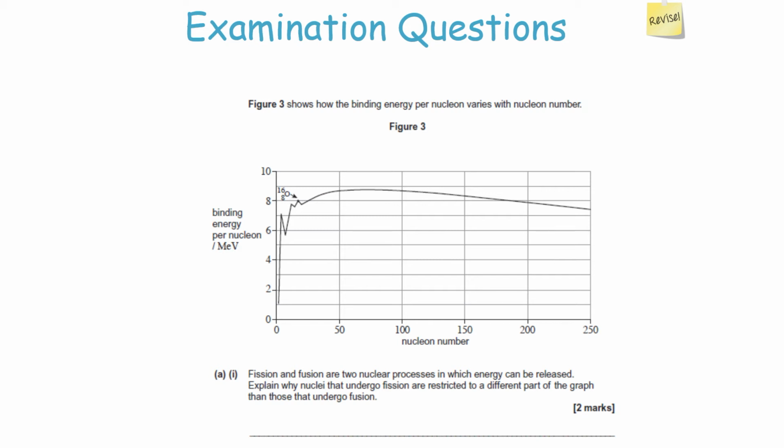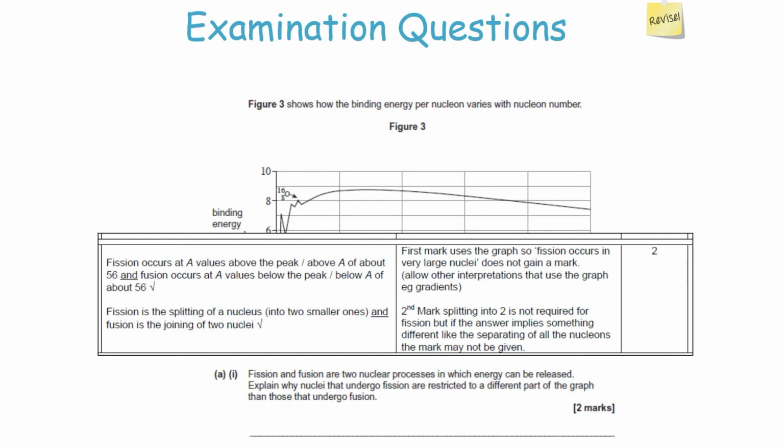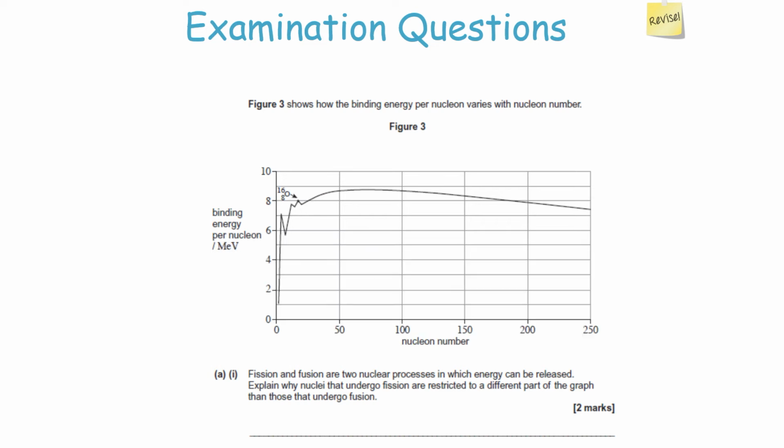So what do we know? Well, fission occurs at A values above the peak, or above A of 56, and fusion occurs at values below the peak, or below A of about 56. That's because fission is the splitting of a nucleus into smaller ones, and fusion is the joining of two nuclei. If you look at this graph, the aim of any nuclear process is to increase the binding energy per nucleon.